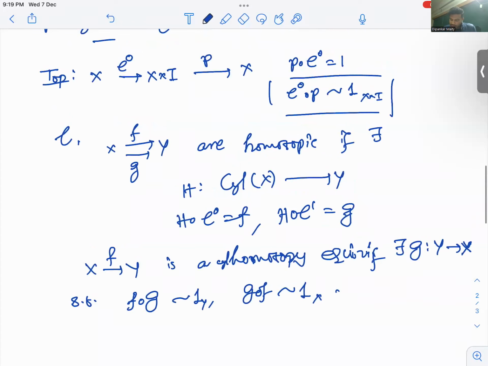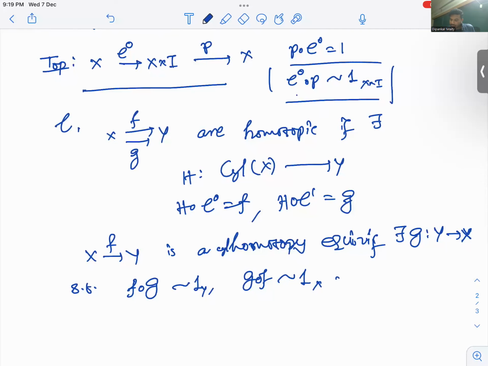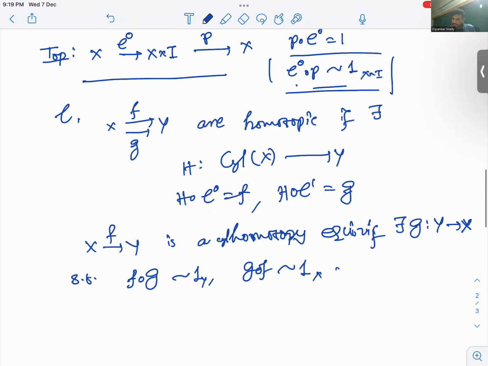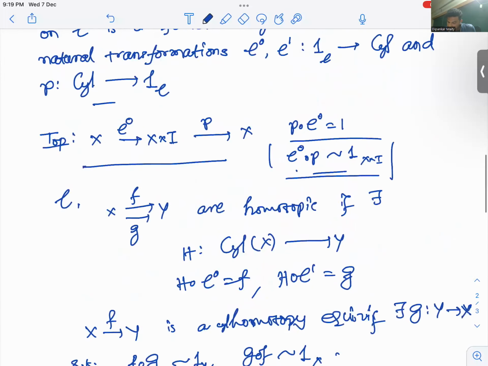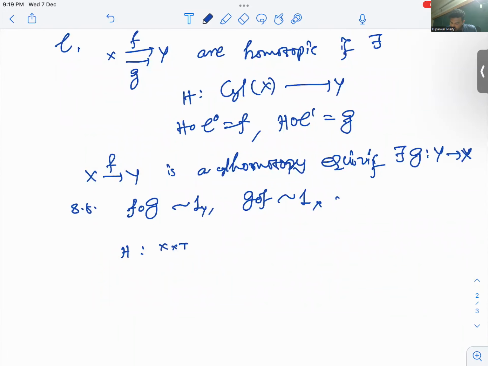Now, in the case of topological spaces, the cylinder was so nice that P and E0 constituted a homotopy equivalence, right? And this homotopy was given by the following: H from the cylinder on X cross I to the cylinder.